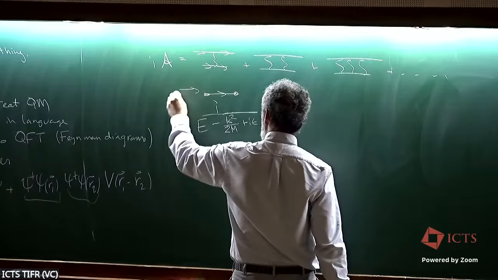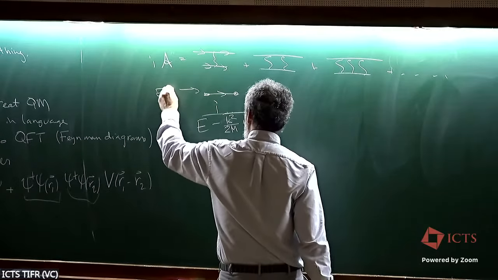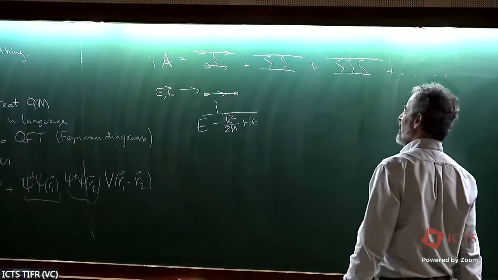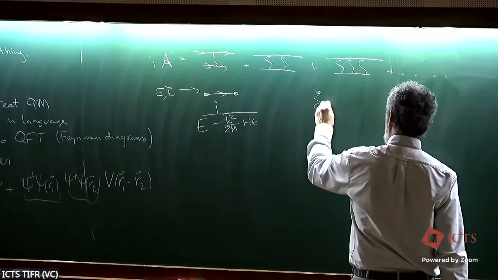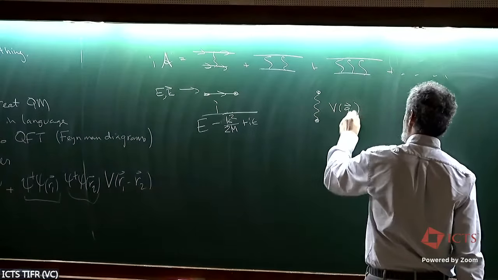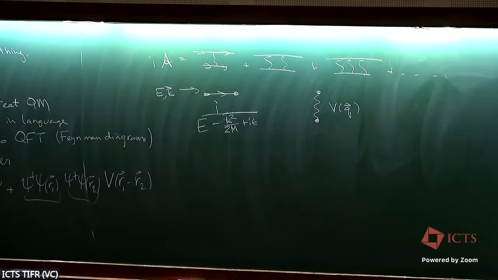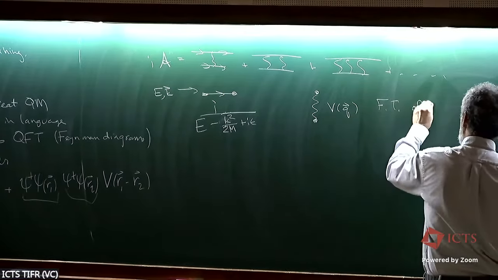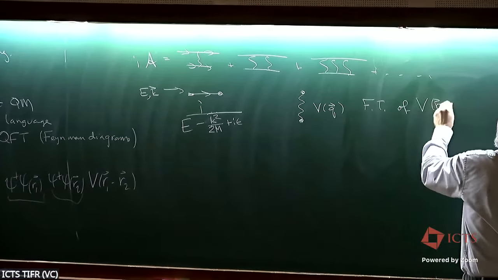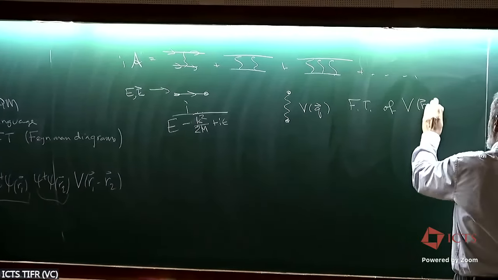That's if you've got some energy E and momentum k coming in. And this is V of q, the Fourier transform of V of r.